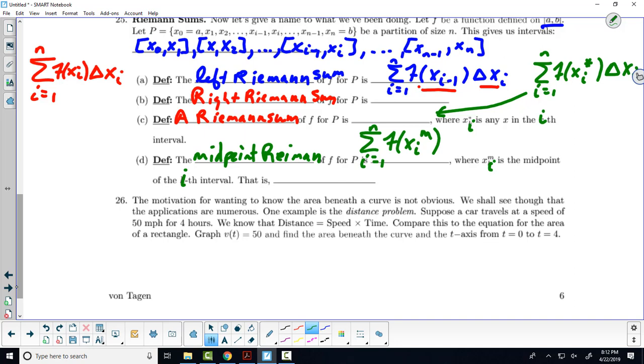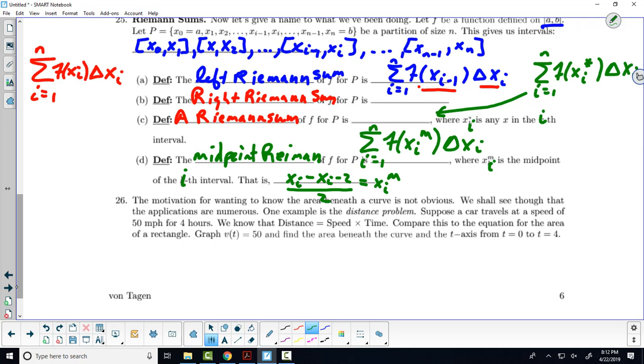So you take the midpoint of that interval, and that's what you plug into the function, times delta x i. So how would we find the midpoint of an interval? We would take x i minus x i minus 1, and we would divide that by 2. That would give us x i m, the midpoint.